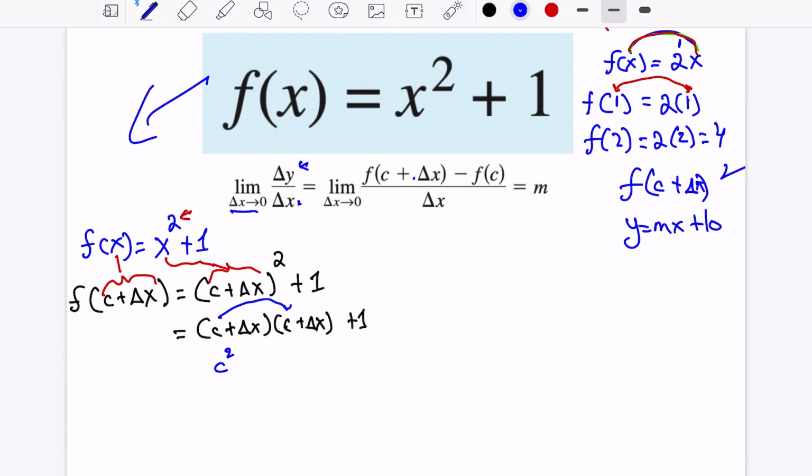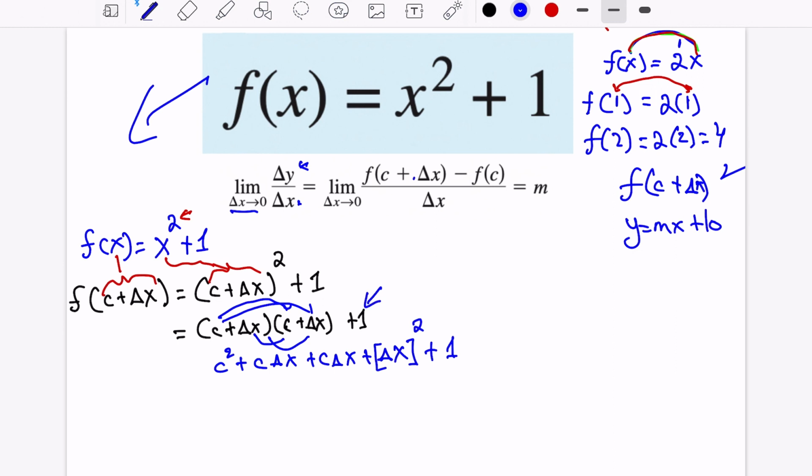And then if I multiply this times that, I get plus c delta x. And as you can see the relationship, this duplicates, plus c delta x. And then, of course, we get a plus delta x. I'm going to use square brackets here to illustrate that square. We still have a 1 there, this one here.